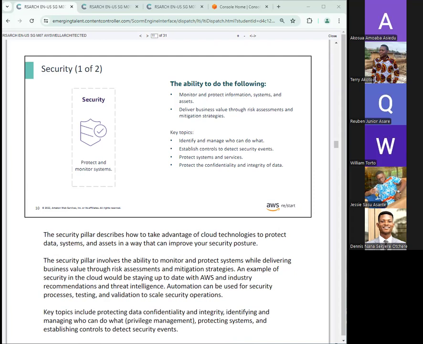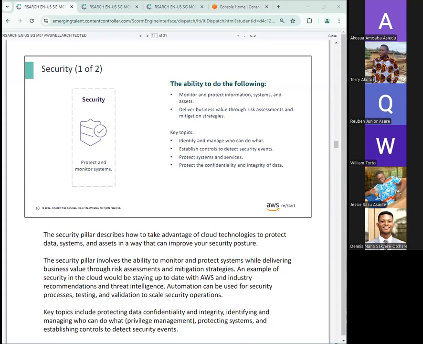So with your operations, the way that you go about provisioning your infrastructure, you should have a plan in place. If an incident should happen, you should have code that is going to help you to recover.